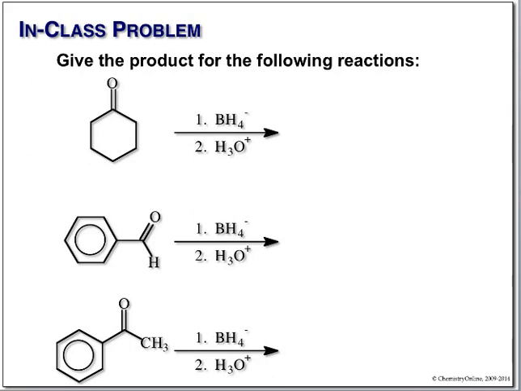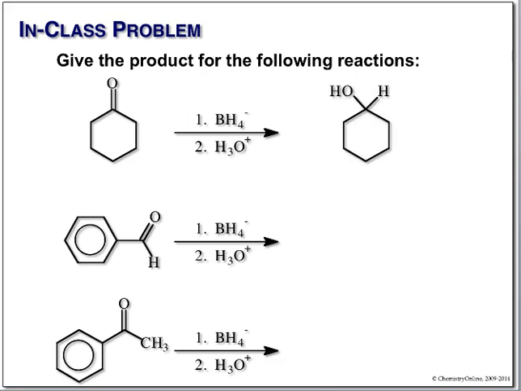Remember, all borohydride's going to do is add hydride to the carbonyl carbon. The carbonyl oxygen will wind up as an OH group. Trivial chemistry. We start with cyclohexanone. Going to add a hydride to the carbonyl carbon, convert this to an OH, and it looks like that.